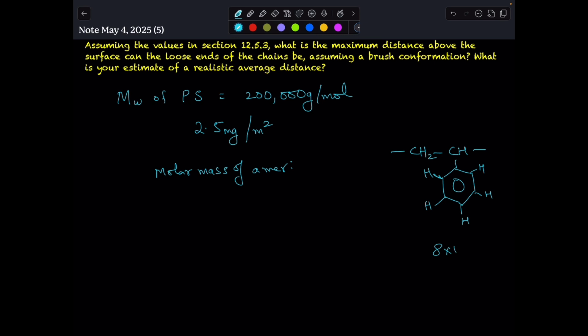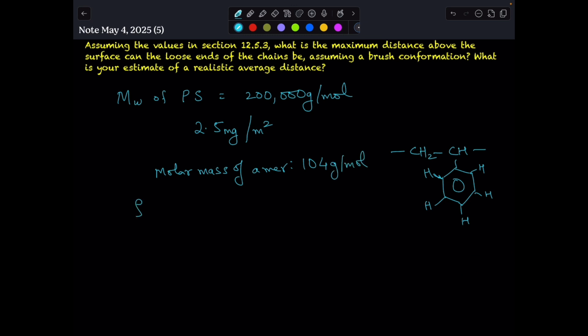Eight times 12 for carbon is 96, and there are 8 hydrogens, so it is 104. So the molar mass of a mer is 104 grams per mole.